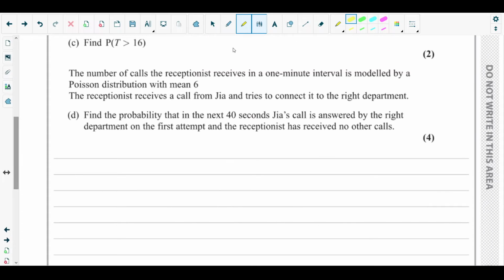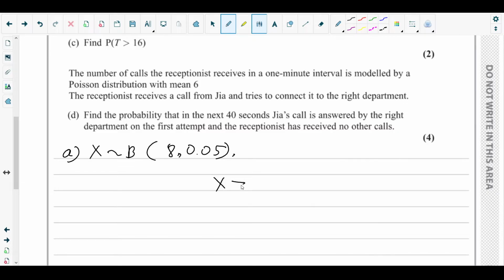For part A, we can consider X distributed binomially with number of trials 8 and probability 0.05. What is X here?